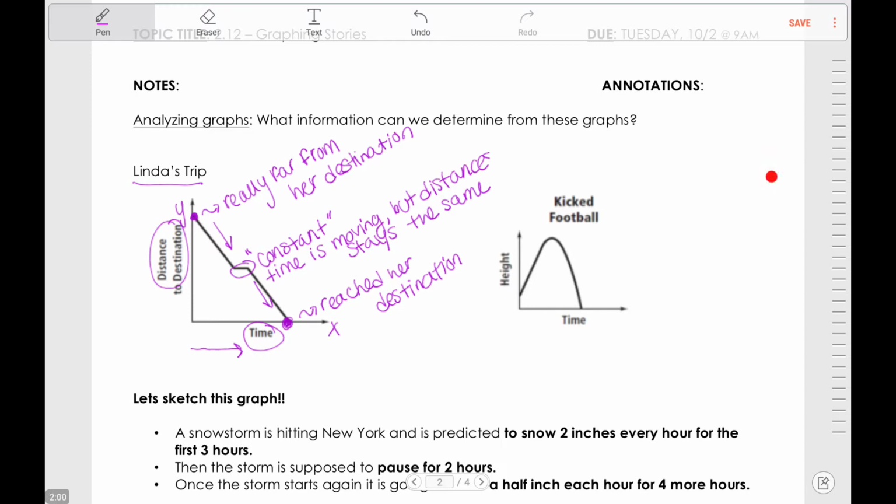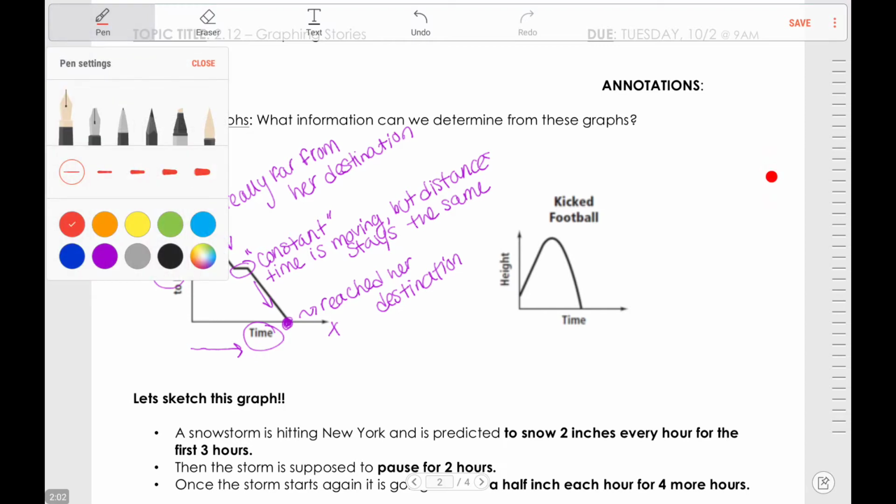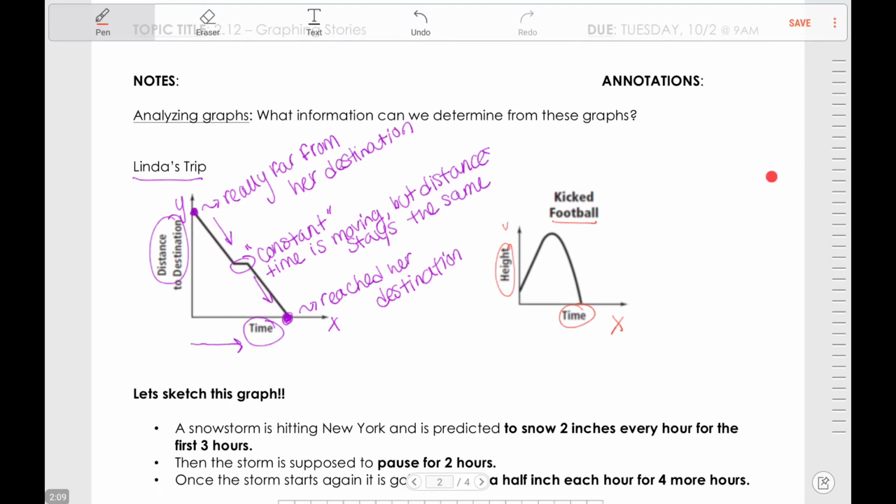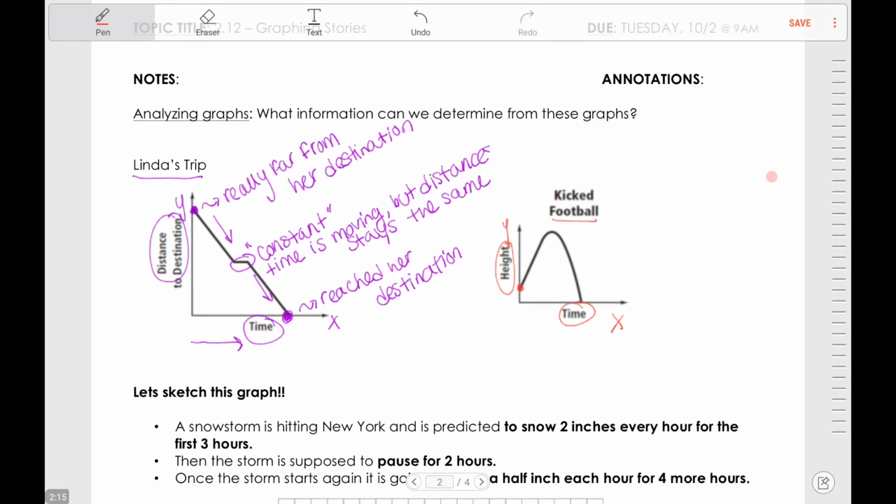Okay, let's look at the second one. So kicked football. Again, we want to look at our axes. X is time. Our height is y. Okay, and what's happening over time here? Over time here, it begins. Is the height 0? No, so maybe this is getting kicked above the ground.